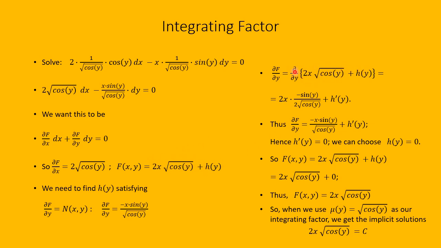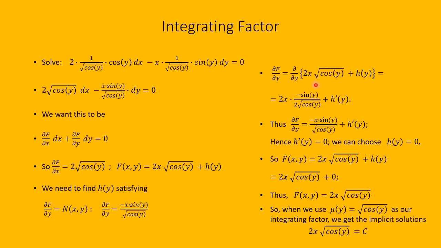And now we would differentiate this term by term, okay? And so we get, what do we get here? We're differentiating with respect to y, right? So here we more or less have a constant times cosine of y raised to the 1/2 power.